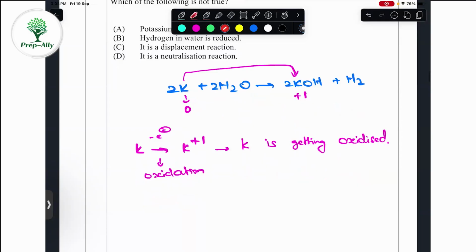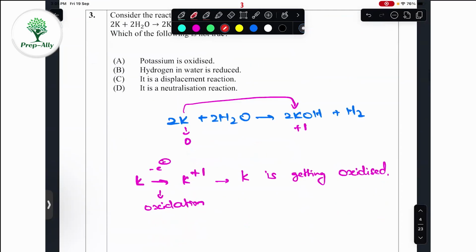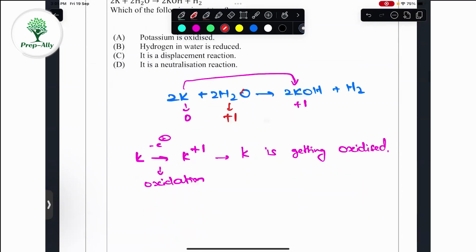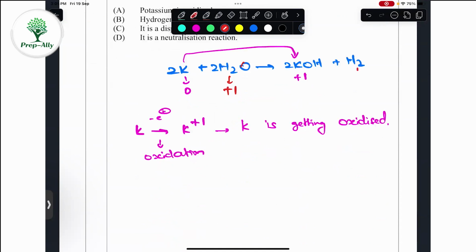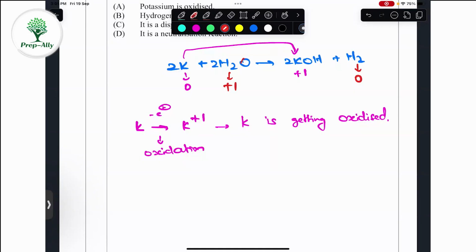Okay. Now again come to hydrogen. Here hydrogen is with the oxygen. Oxygen is more electronegative, which means it needs electrons more. It will attract the electron from hydrogen. So I can say hydrogen is in +1 oxidation state because hydrogen has only one electron. Oxygen is going to get one electron from one hydrogen. And in molecular form, it is going to have 0.